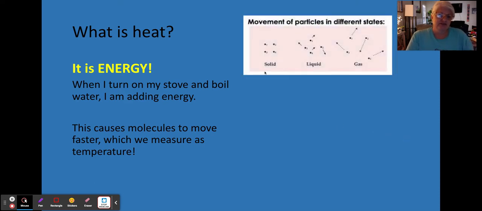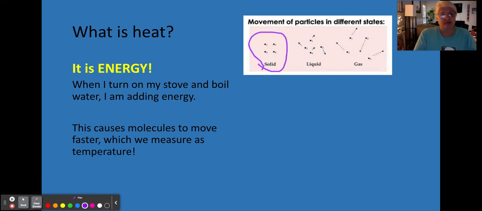When you think about different states of matter, here I have solid, liquid, and gas, the particles move differently depending on what state they're in. I know it doesn't seem like it, but the molecules in a solid still have some kinetic movement. If you picture an ice cube, all of those water molecules are in a lattice structure, and where they are, they just vibrate in that spot.